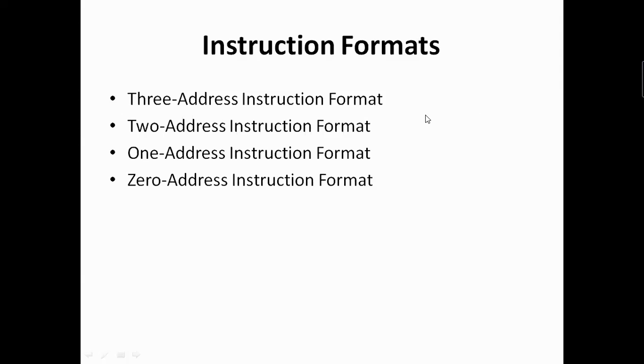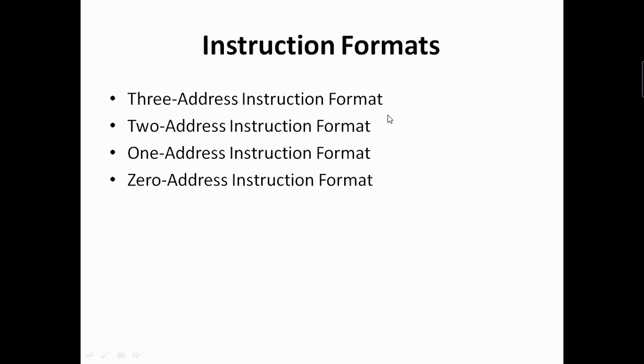An instruction will have a part which will represent the operation part, and then it will or may have an address, and in some computers an instruction may have three addresses. In some it may be two or one or zero, or a combination of some formats.